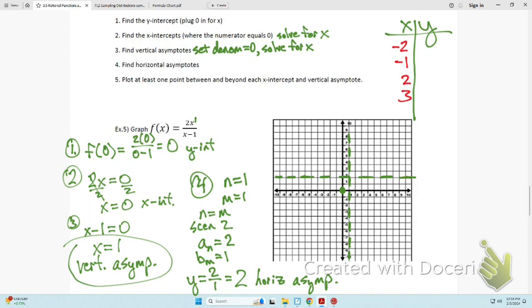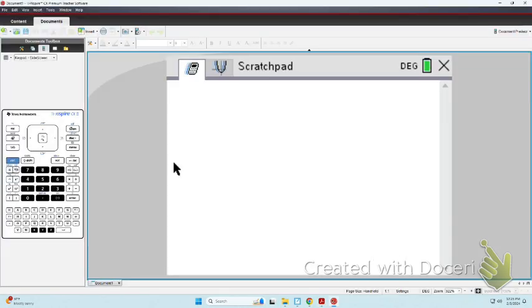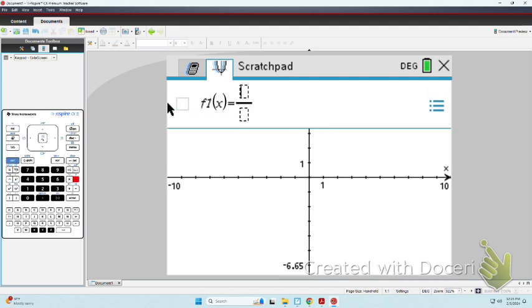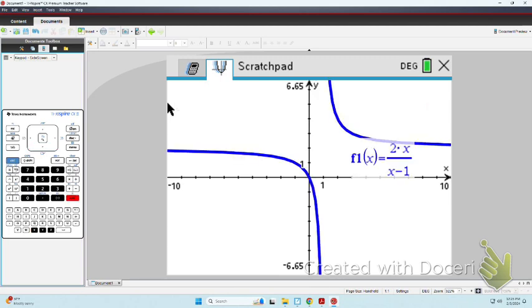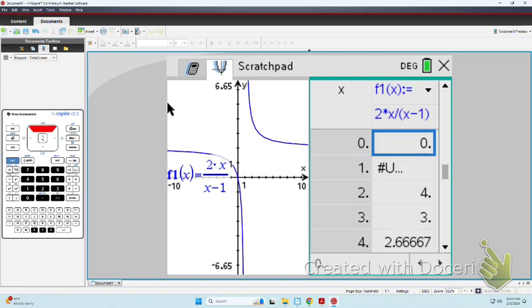So we go to the calculator. Let's go to a graph, press Control Divide. 2x divided by x minus 1. Now notice it doesn't show asymptotes, but I can do Control T, and find some of those coordinates. So at -2, it's 1.333, and at -1, it's 1.